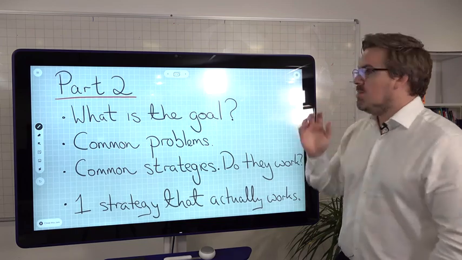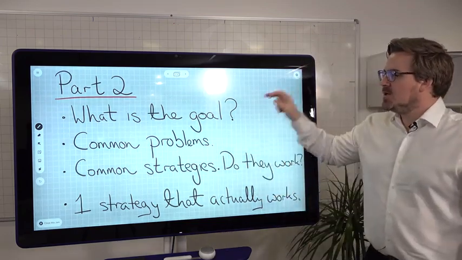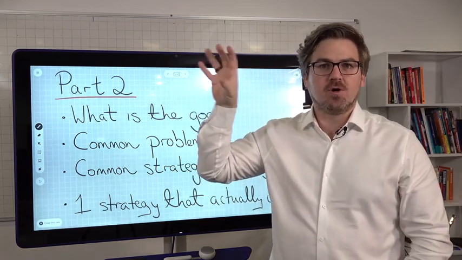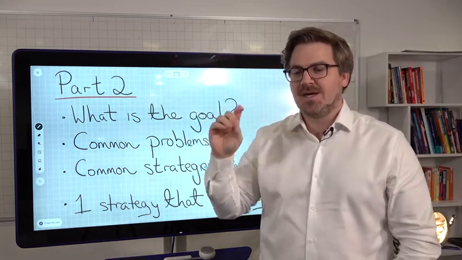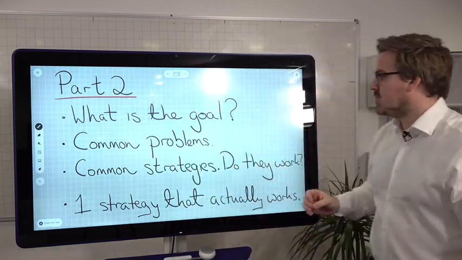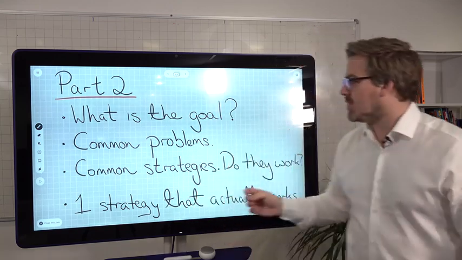Okay, so part 2 of the speaking test. What are we going to look at in this lesson? We're going to look at what the goal is. What is your overall mission? What your overall goal is? And if you focus on that, it's going to completely change the way that you think about your performance in part 2. Of course, we're going to look at common problems and how to avoid those common problems.